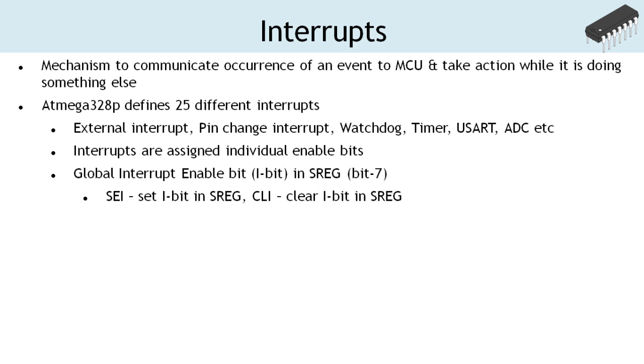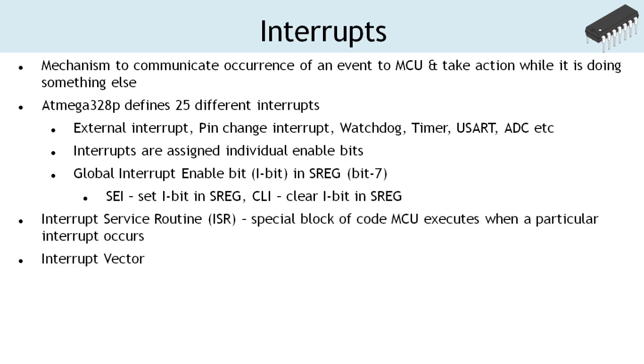To enable an interrupt, the global interrupt enable bit and individual interrupt enable bit must be set. The instructions SEI, that is set global interrupt flag, and CLI, that is clear global interrupt flag, are used to enable and disable the global interrupt enable bit respectively.